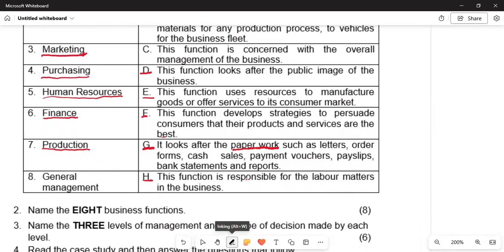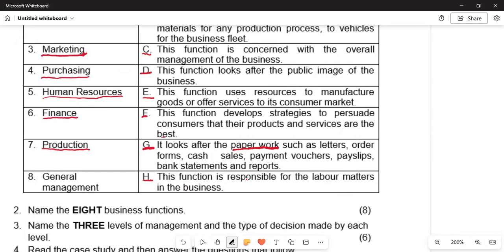The correct answer is C, where it says this function is concerned with the overall management of the business. Remember, we have said general management is whereby a top manager is thinking for the entire organization. He's coming up with what? The long term plans for the organization. So those are the answers for the matching.